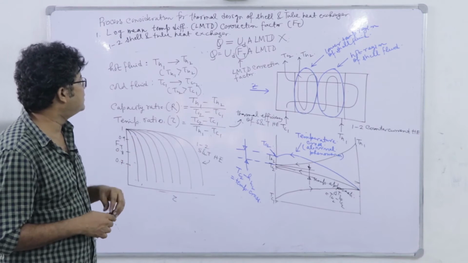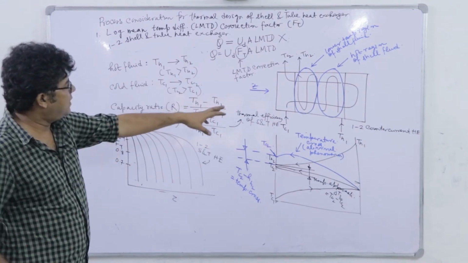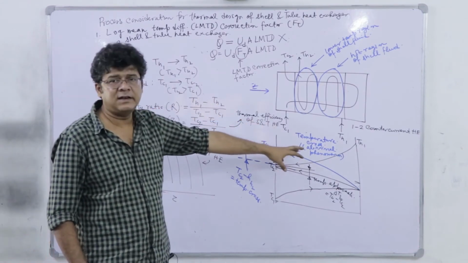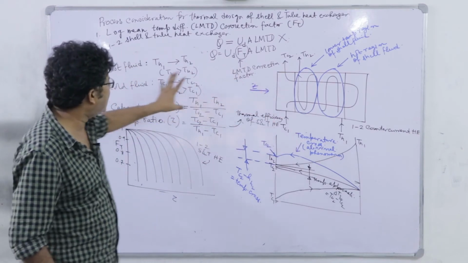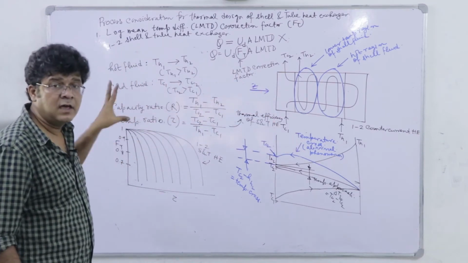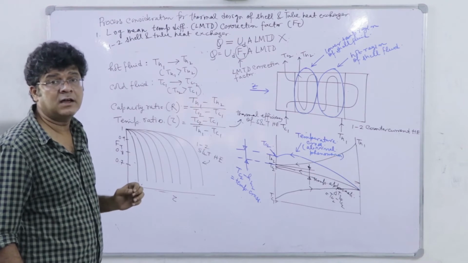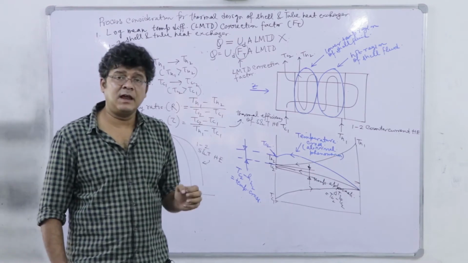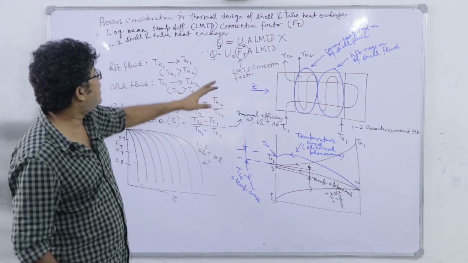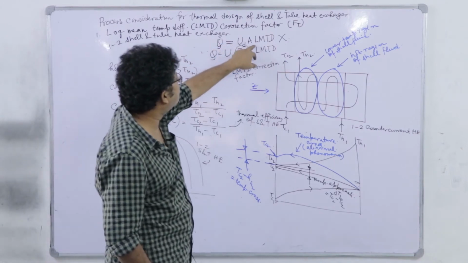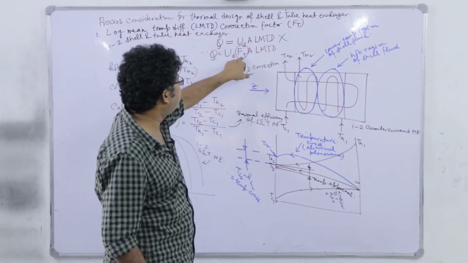So here we have understood that there are two phenomena. One is the non-ideality, that is the temperature cross, and how to calculate this Ft. There are standard curves, but these curves are not empirical curves. Remember that Ft can be analytically calculated, and once you calculate, you will see that the formula is not matching. Actually, we need a correction factor.